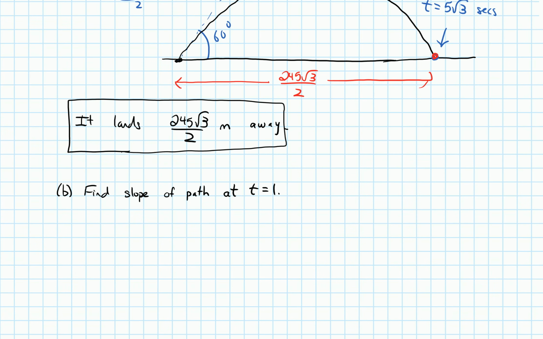So this is a bit of a review problem from section 11.2. We want to use our parametrization. So the path is a parabola, and the path is parametrized by, so the x component of position was 49 over 2 t, and the y component of position was 49 root 3 over 2 t minus 4.9 t squared.